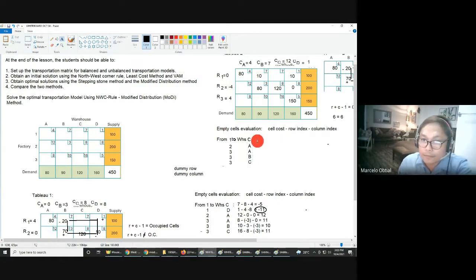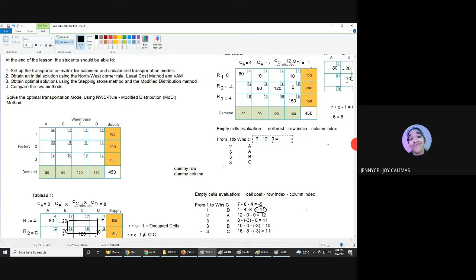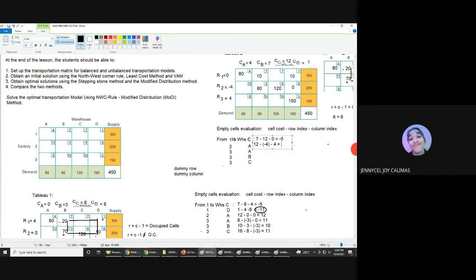Okay, let's solve. Jen, you do this one. Kindly solve for 1C, please. 1C, 7 minus 12 minus 0. Answer, please. -5, sir. -5. Okay, next. 2A, here. 12 minus -4 minus 4 gives us 12, sir. 12. Okay.